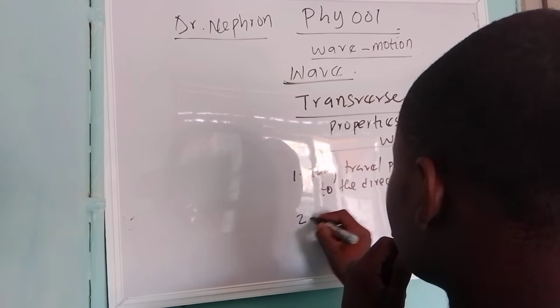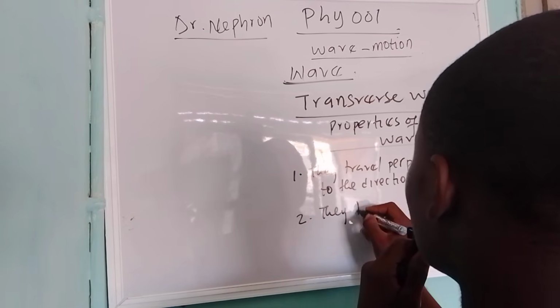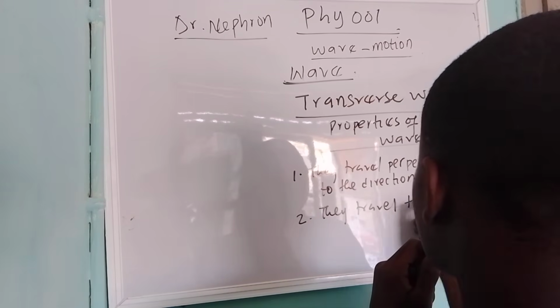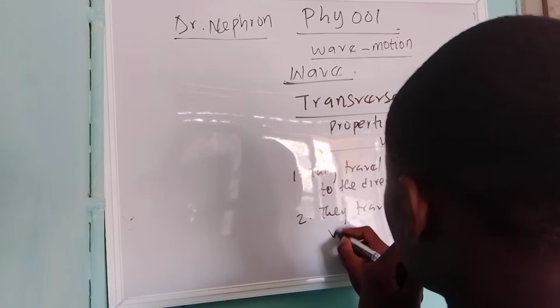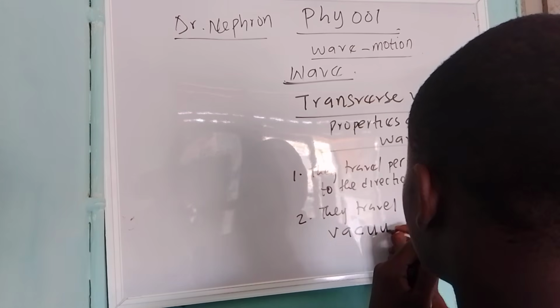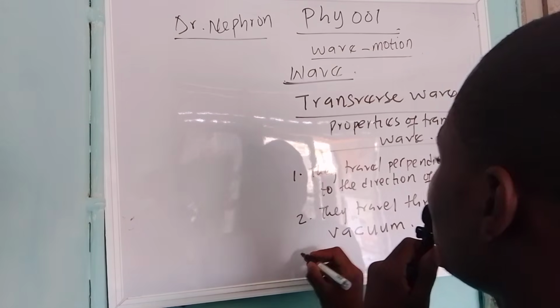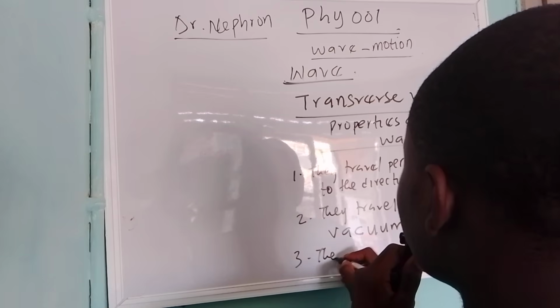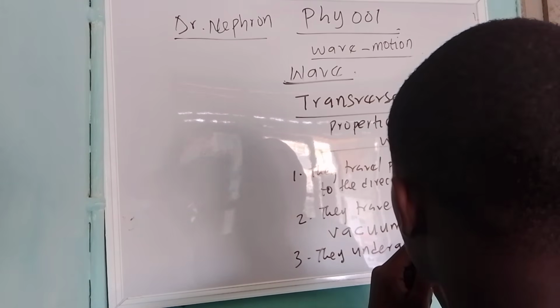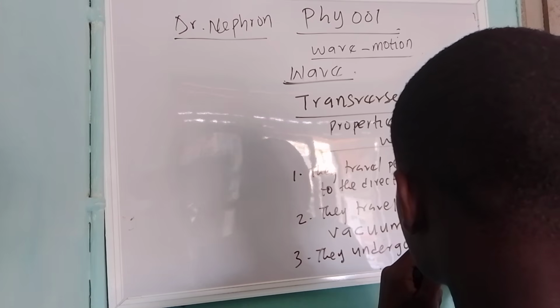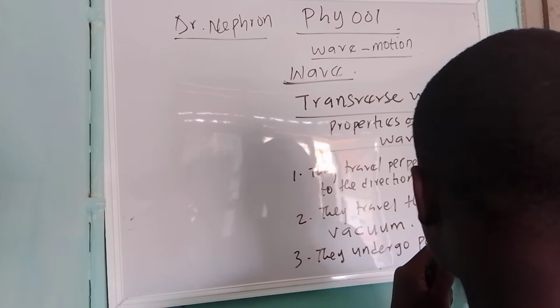Number two, they travel through a vacuum. And number three, they undergo polarization.